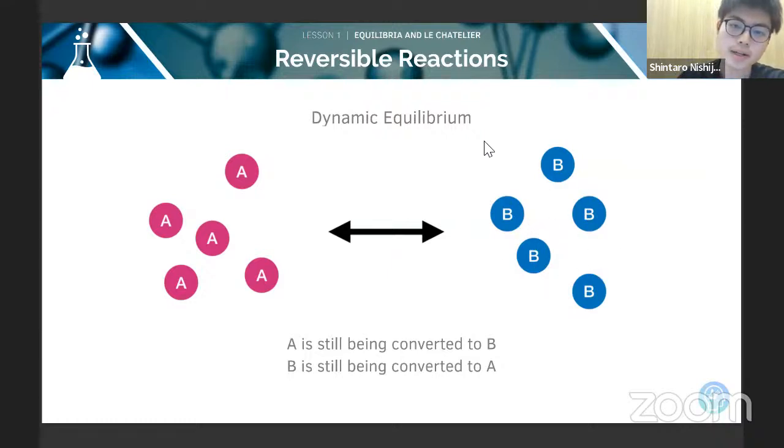But we can also have the backward reaction where B goes back to A. It's the forward reaction going at the same rate as the backward reaction, and we call that dynamic equilibrium. We call it an equilibrium because the rate of the forward reaction is the same as the backward reaction. That means that the concentrations of A and B remain constant. So it's still reacting, but the net change is 0. And that's why we call it equilibrium.